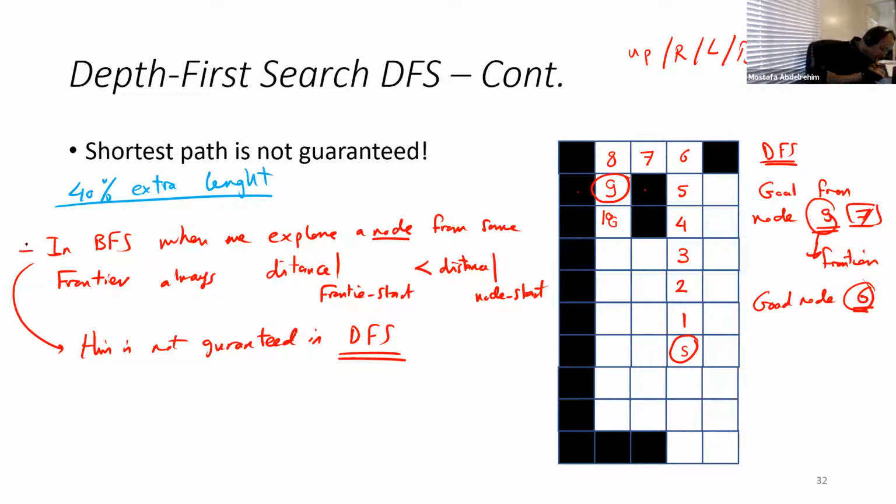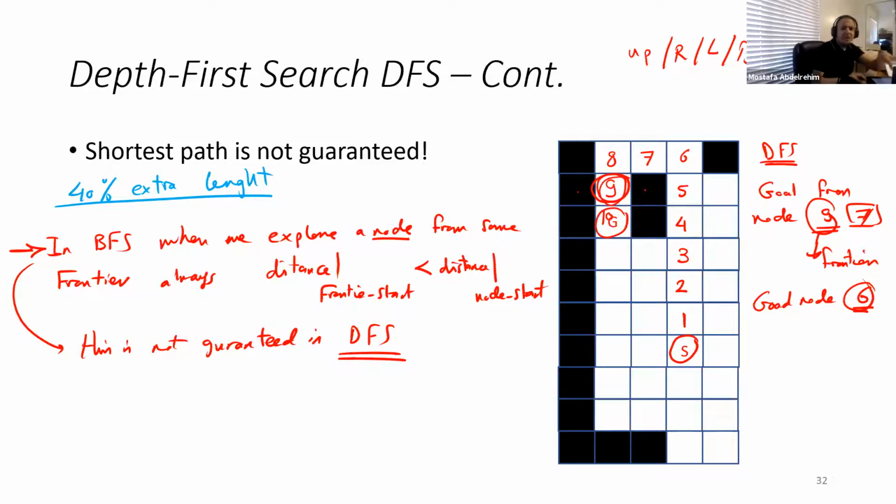So this condition here that is always being satisfied in breadth first search is not satisfied here in depth first search. Because here clearly the frontier from which we explore the goal node had a distance to the start greater than the distance of the goal to the starting node. Its distance is 7, this distance is 6.